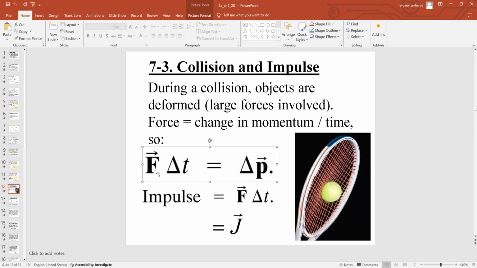Remember how we said for the third Newton's law that forces are the same, but force is mass times acceleration. And when, say, a mosquito hits a truck, the force on the mosquito from the truck is the same as the force on the truck from the mosquito, but mosquito has much less mass and much more acceleration, and that's why mosquito dies.